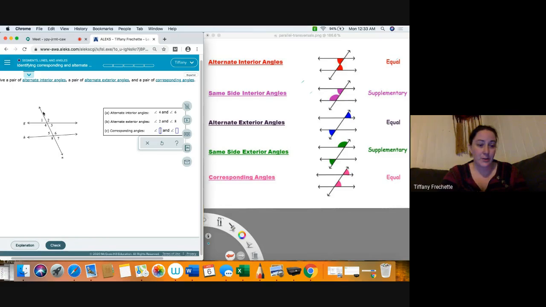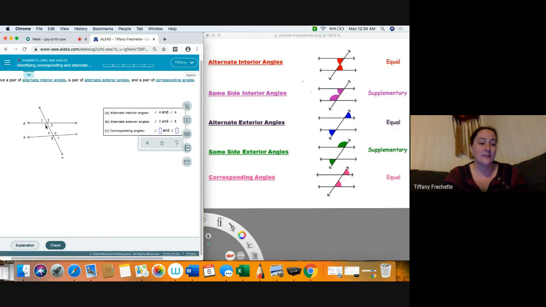So if I start with 1 here, I'm on top of the line and I'm on the left side of the transversal. So I just drop straight down until I come to the next line and I'm on top of the line and I'm to the right of the transversal. So we would have 1 and 5. Now, because they're not parallel lines, it doesn't quite look like I could take 1 and drop it right on top of 5.